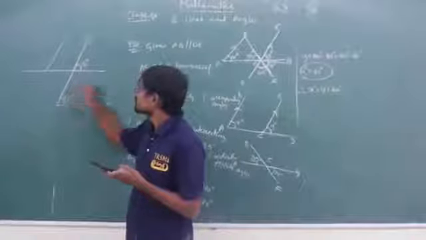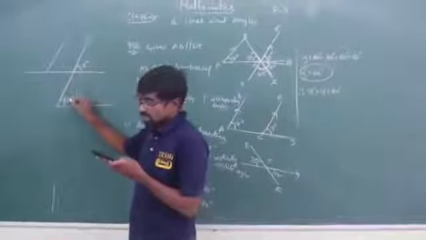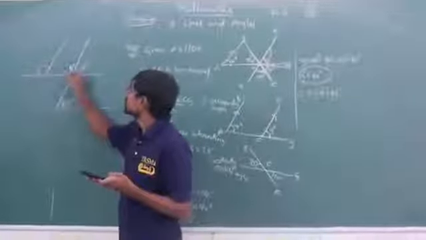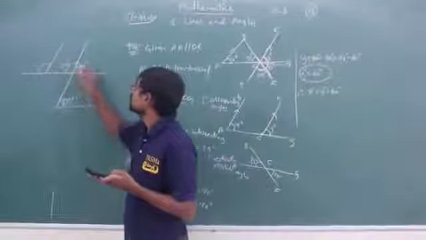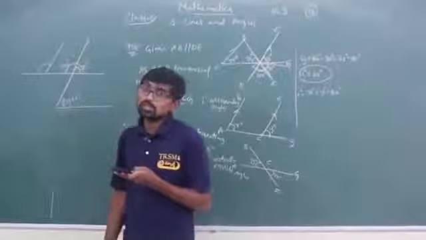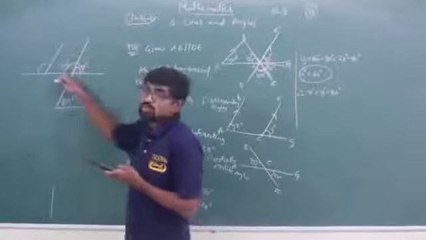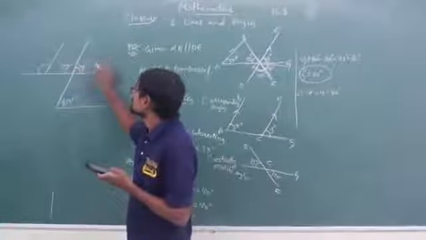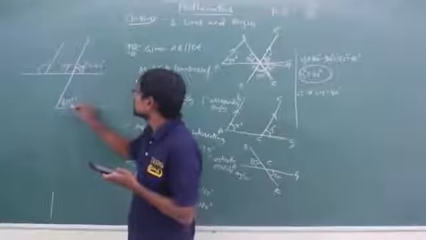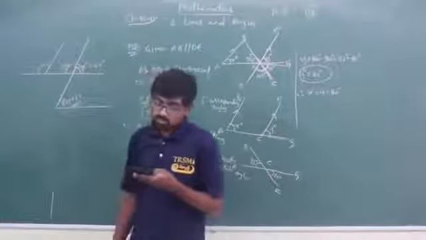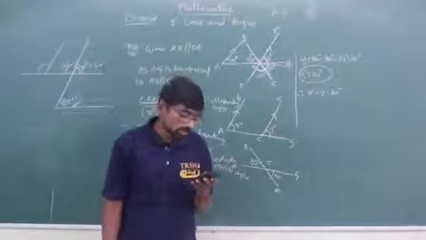Why? Because corresponding angles, these both are equal. And after that, this is 120, so this is also 120 degree. If we add these two angles it will be 180 degree, so 180 minus 120 you will get here as 60 degree, isn't it? This 60 degree value is equal to this, so you just simplify that and you will get the answer.